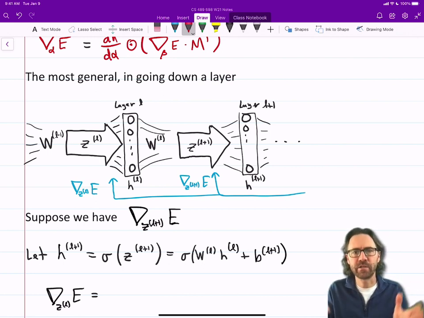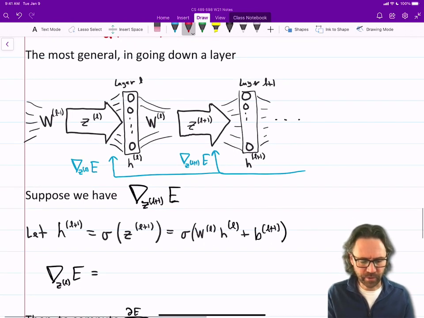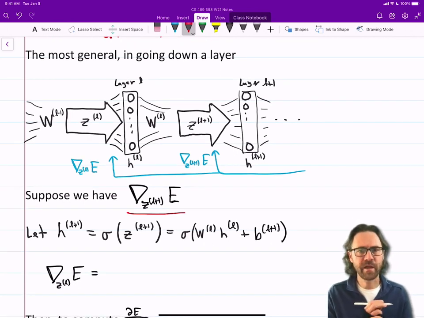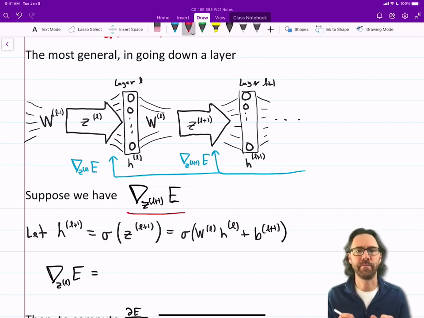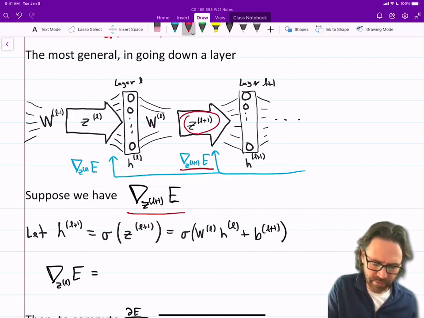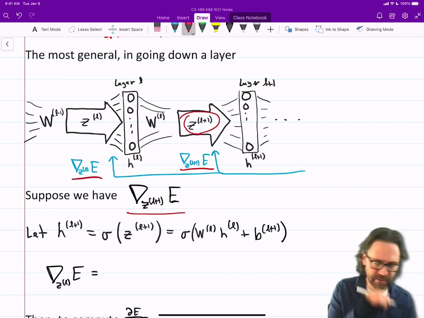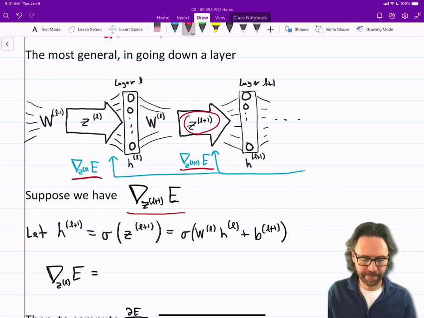The activities are H's, the input currents are Z's, and the superscript in brackets represents the layer. Now suppose we have the gradient of the loss with respect to the input current to layer L+1. So that's this thing here. That's the gradient that we're going to assume that we have, and from it, we're going to derive this gradient one layer down.